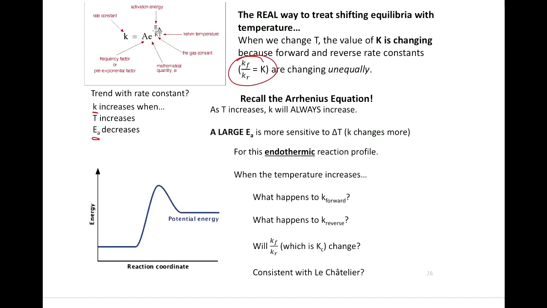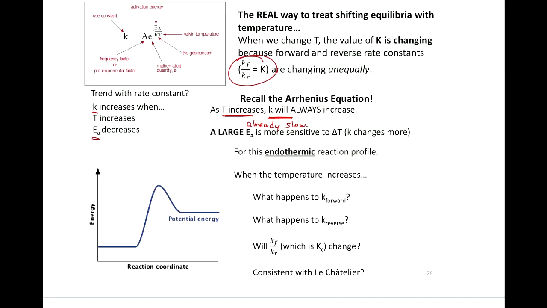So we know as we heat up a reaction, the rate constant always increases, but a reaction with a large activation energy, basically already going slow, takes more from that change in temperature, right? If you give me $10,000 versus you give Jeff Bezos $10,000, it's gonna make a bigger impact on my life, right? Because I'm already going slow. Both of these reactions get faster, but one of them increases more.